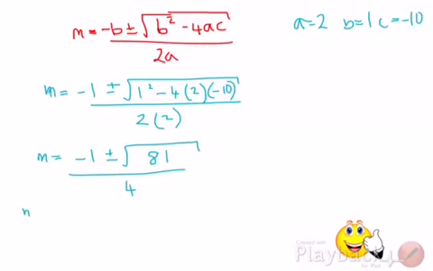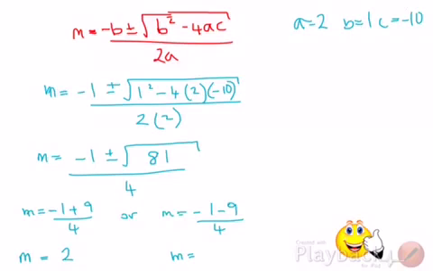So m is equal to negative 1 plus 9 over 4, or m is equal to negative 1 minus 9 over 4. So m is equal to, in this situation, 2, and m is equal to negative 10 over 4. We can leave it as a fraction.